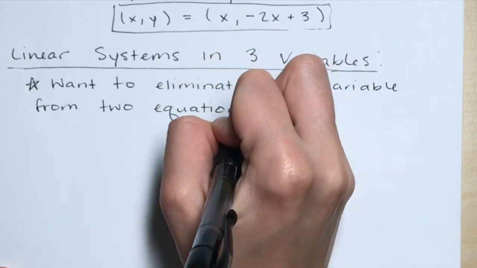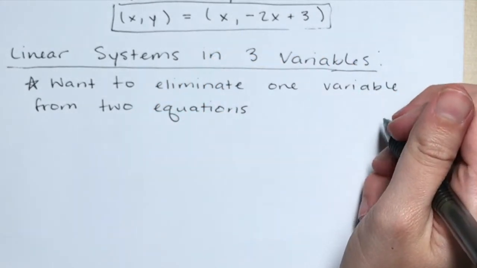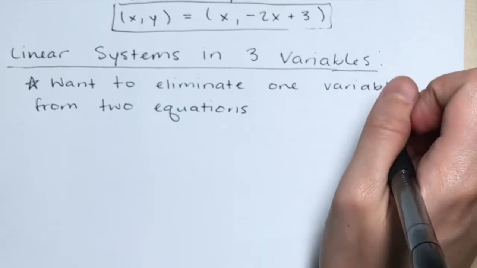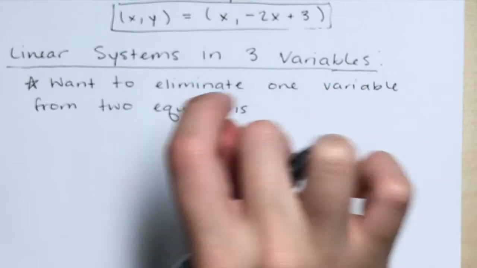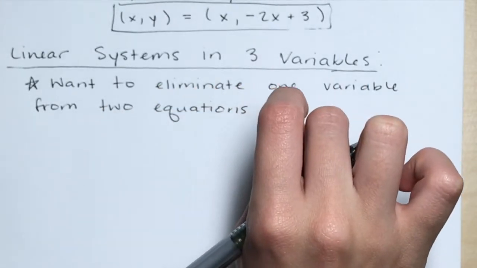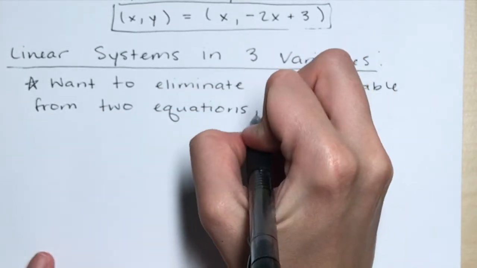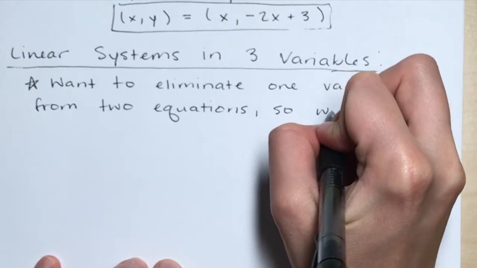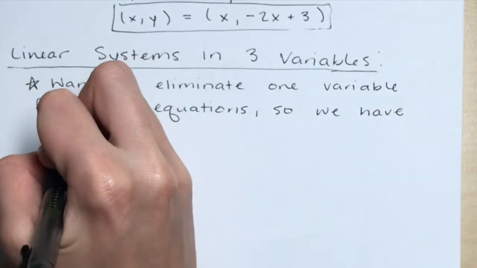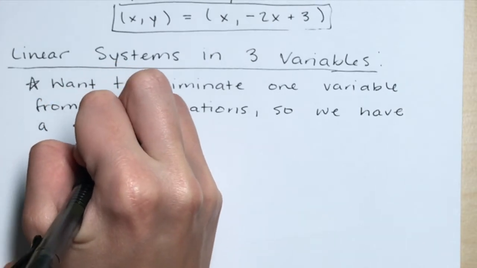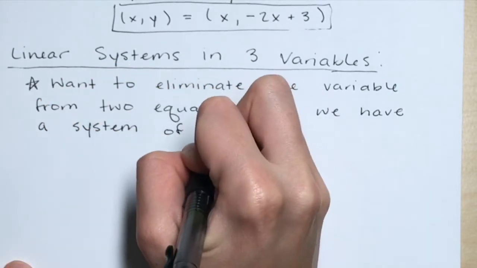So if we have 3 equations with 3 variables, if we eliminate the same variable from 2 of those equations, we've got 2 equations with the same 2 variables. So we have a system of 2 variables.